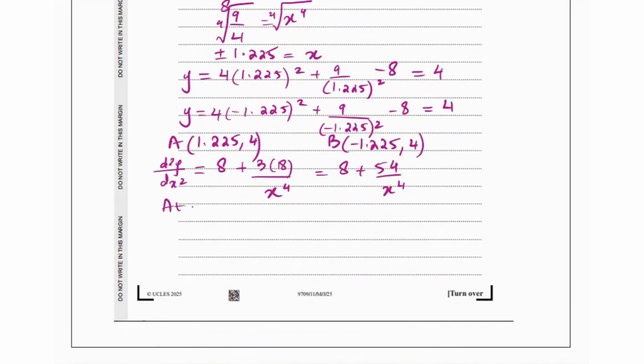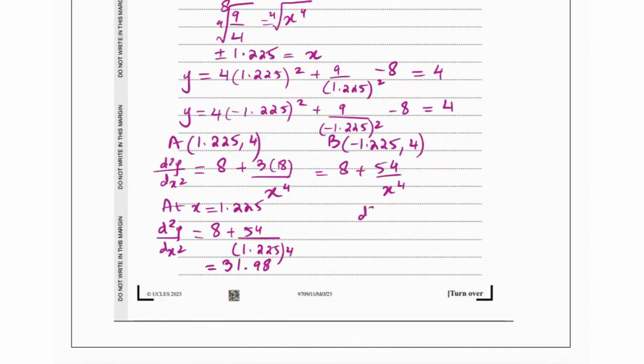So now at x equals 1.225, our second derivative is coming out to be 31.98.